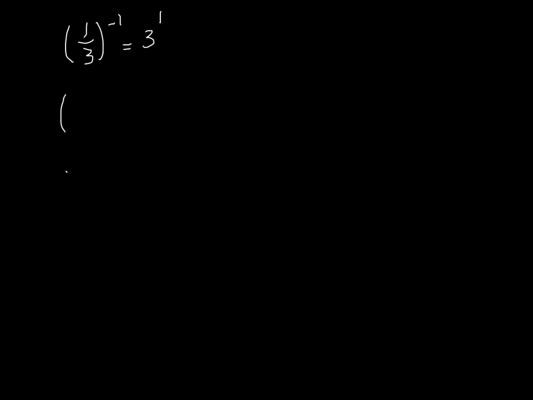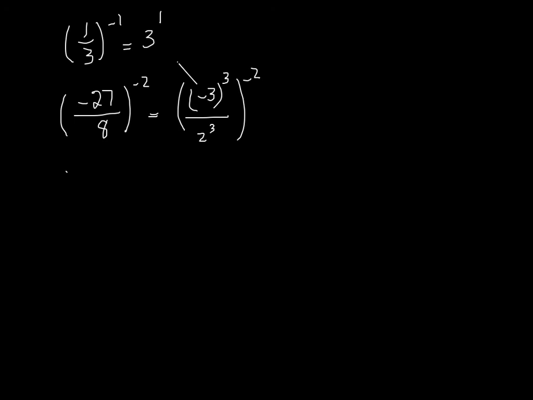The next one is negative 27 over 8, all exponent negative 2. Now, 27 can be written as 3 exponent 3, so I can write this one as negative 3 exponent 3, divided by 8, which can be written as 2 exponent 3, all exponent negative 2. Now this is the same as saying negative 3 over 2, exponent 3, exponent negative 2.